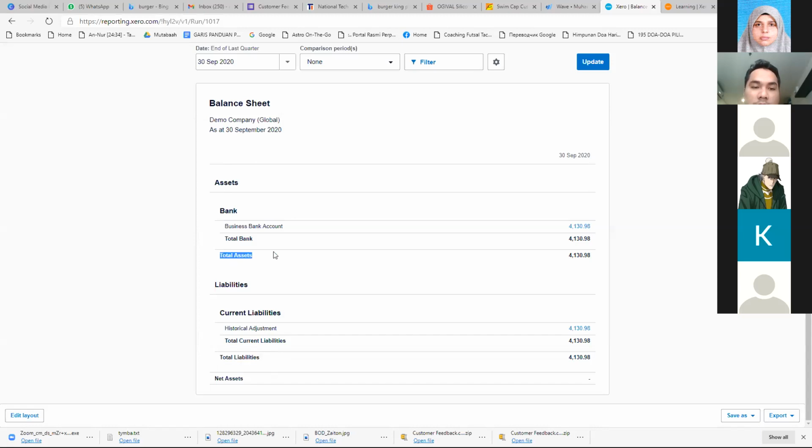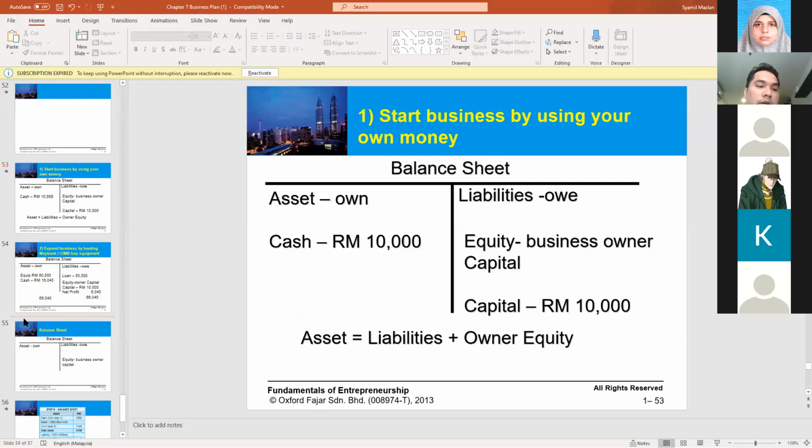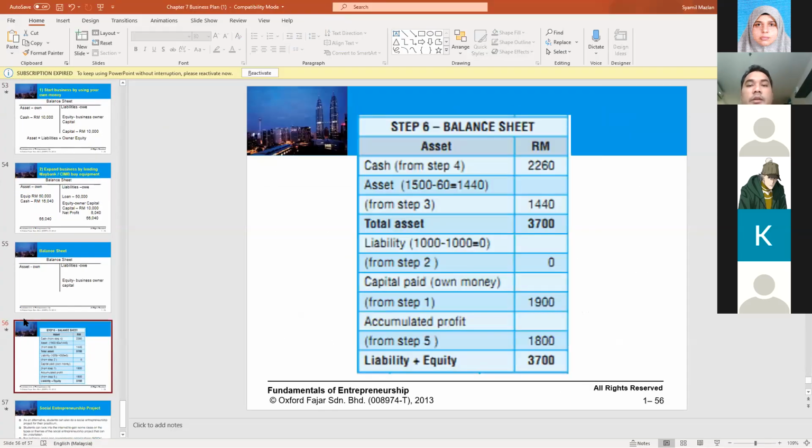This is what we call a balance. Okay, so on the slide, see cash, assets, the liabilities, the capital paid, and then the accumulated profit. These are the five basic things: the cash, assets, liabilities, capital, and the accumulated profit.